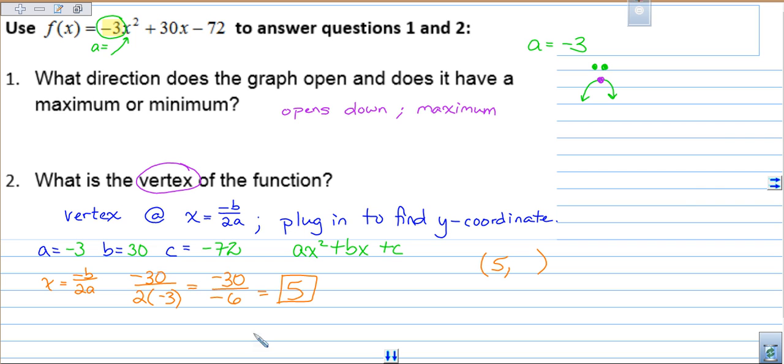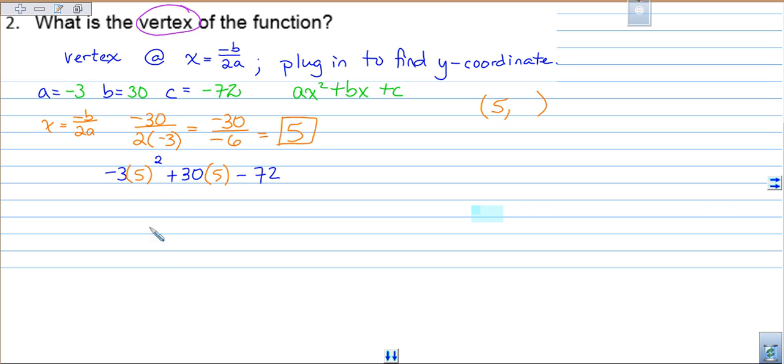So I'm going to take our whole function here, I'm going to put -3, and then instead of writing x, I'm going to put 5 in parentheses, and that was squared, plus 30, and then I'm going to put that 5 again, and then the minus 72. So now we're going to solve this, or simplify it would be a better way to say it. 5 squared is 25. 25 times -3 is -75. 30 times 5 is 150, and it's +150.